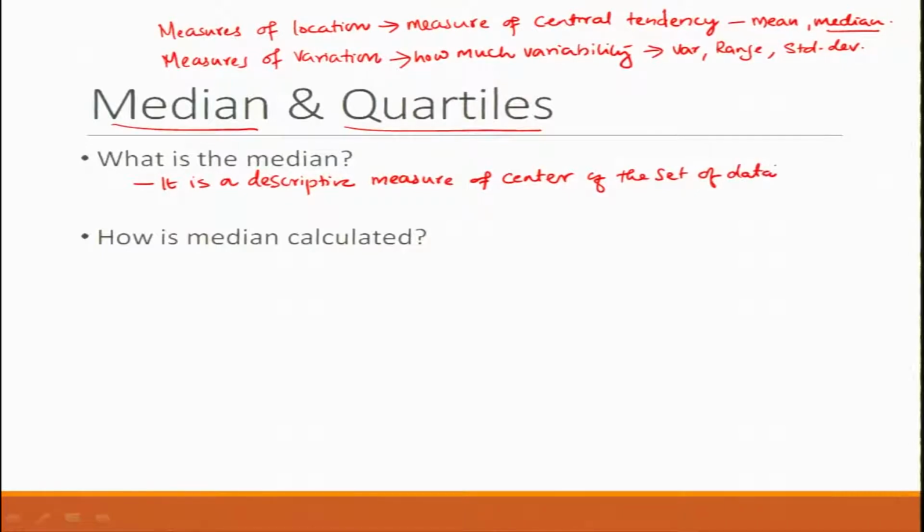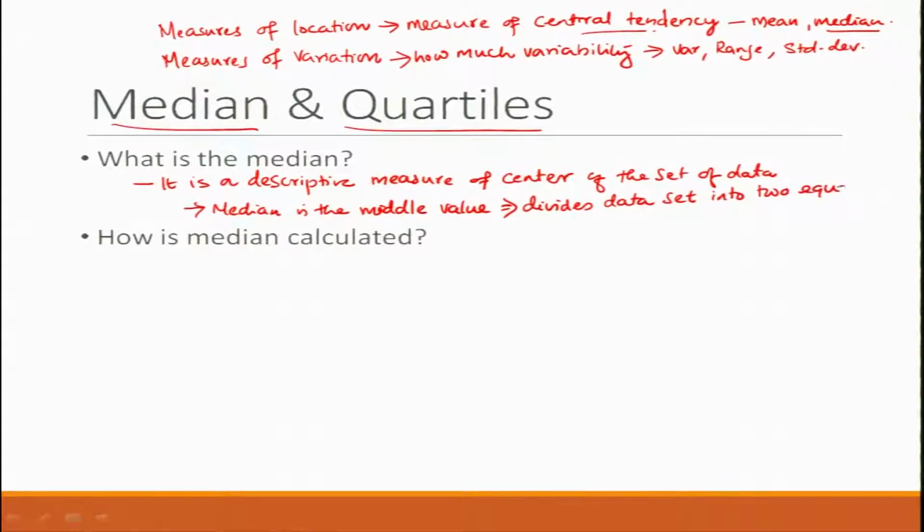We are trying to measure the center of the set of data, also known as central tendency, but the median is the middle value, which implies it divides the data set into two equal parts.